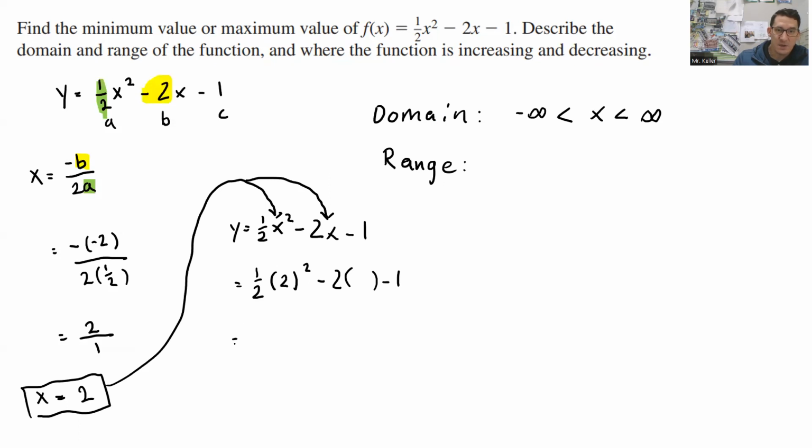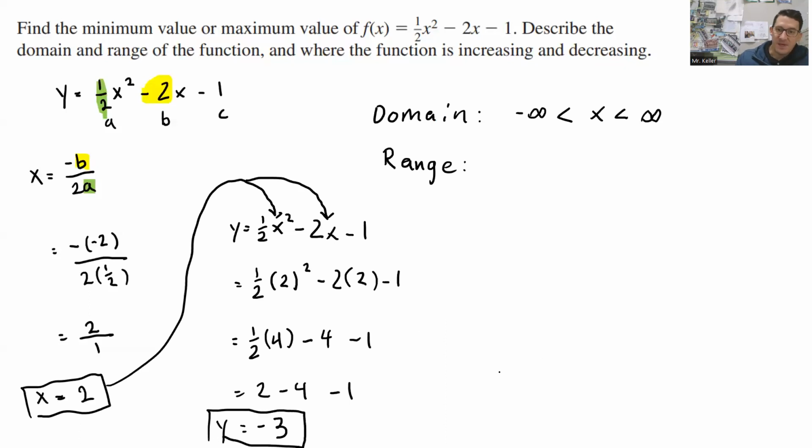So 2 squared is 4, 2 times 2 is 4. 1/2 of 4 is 2. Minus 4 minus 1. 2 minus 4 is negative 2, minus 1 is negative 3. So when x is 2, y is negative 3. This would also be the vertex of our formula. So the vertex is at the point 2, negative 3.